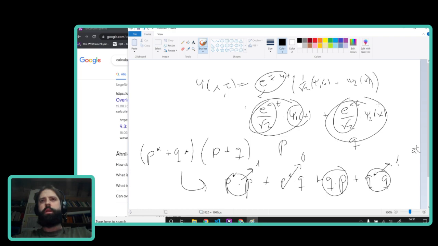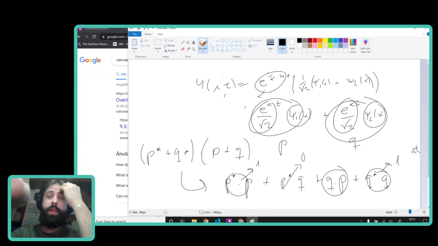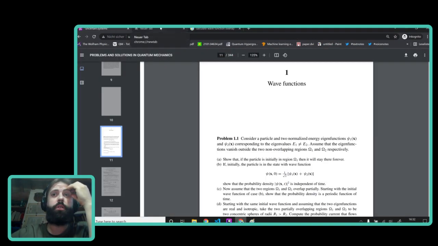I don't know, there's something off with these that I'm not super happy with. Oh, and actually I still have to square that. Oh no, that's correct, and then I have to take the modulus out of that.